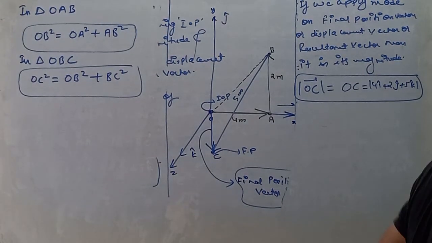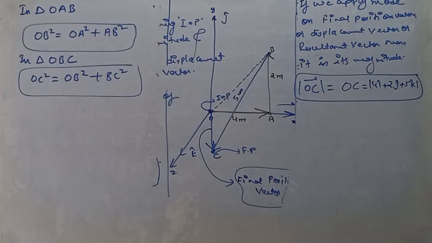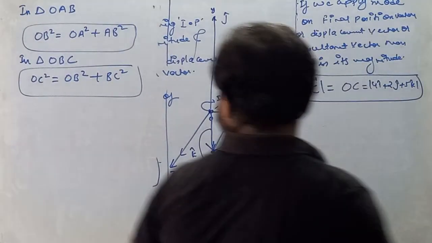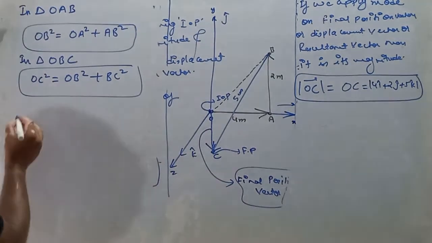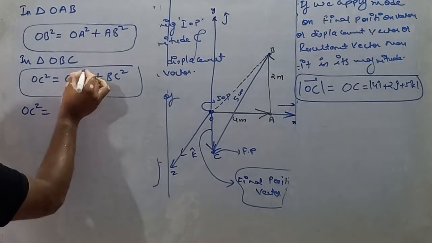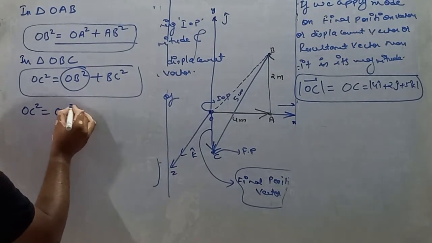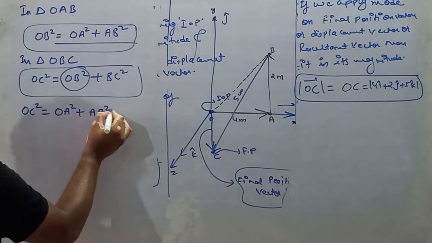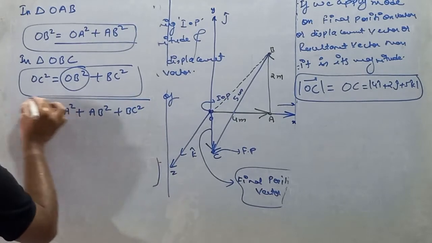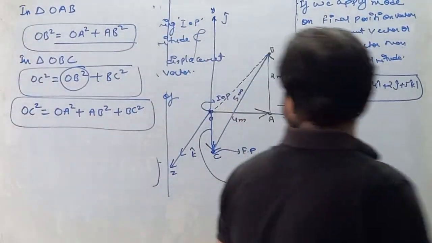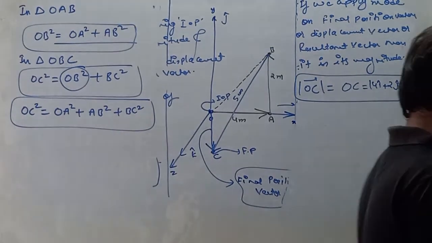Now see, OC square can be written as OA square plus AB square plus BC square. Instead of OB square, we'll put its value, which is OA square plus AB square.